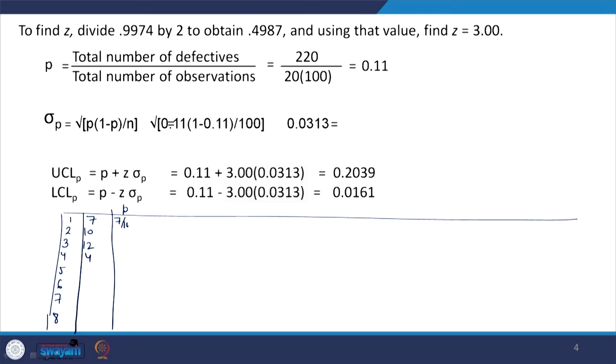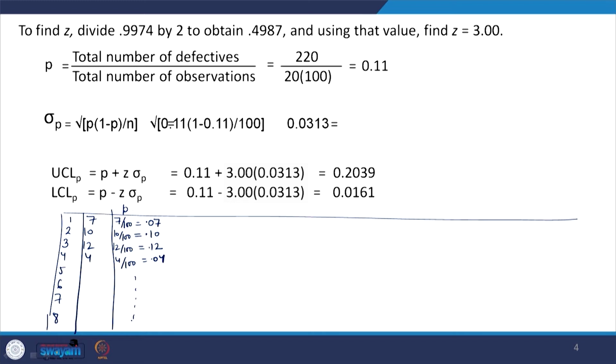So, 7 divided by 100 becomes 0.07. 10 divided by 100 becomes 0.10. 12 divided by 100 becomes 0.12. 4 divided by 100 is 0.04, and so on. So, for each sample you can calculate the p value.